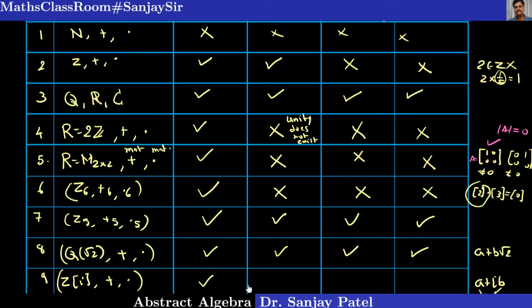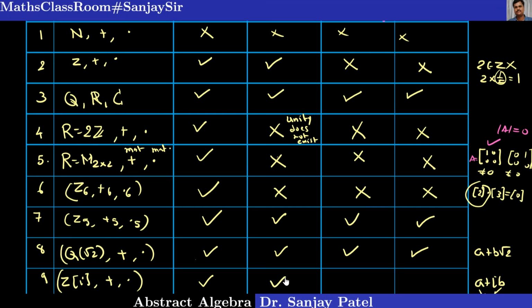We have discussed this problem in detail in our previous videos, so just recall, it is a ring. Is it an integral domain? Z i is nothing but a set of complex numbers, and the set of complex numbers has no zero divisors, because if you take two non-zero complex numbers, their product is always non-zero. So if you take any two non-zero Gaussian integers, their product is also non-zero. So it is an integral domain.